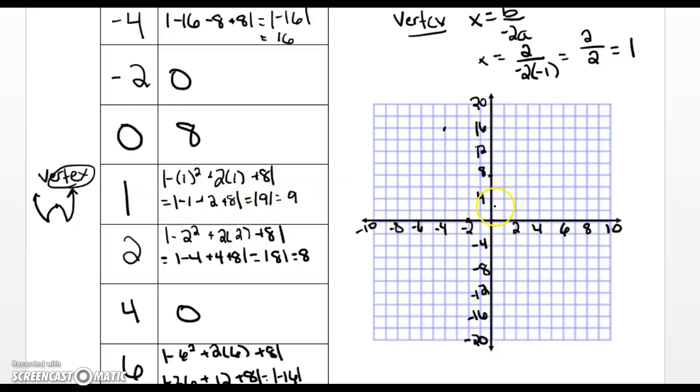We had 1 and 9. Then we had 2 and 8 again. 4 and 0. And then we had 6 and +16.